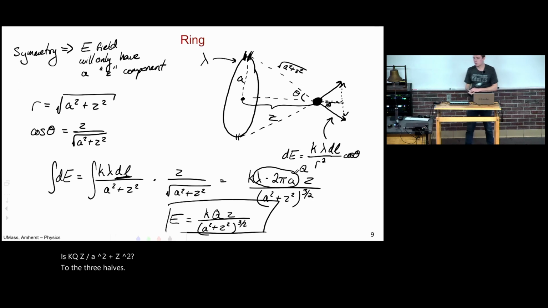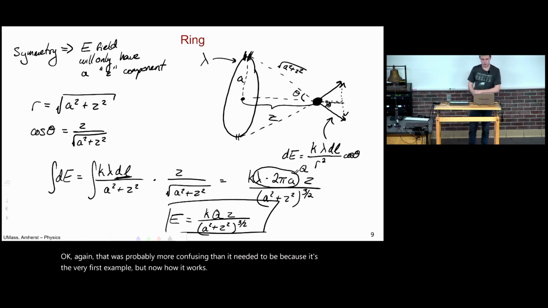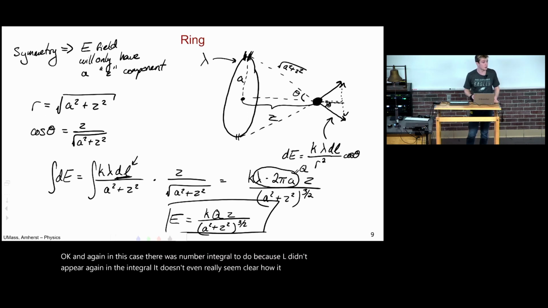Okay, again, that was probably more confusing than it needed to be because it's the very first example, but now you know how it works. And again, in this case, there was no integral to do because L didn't appear again in the integral. It doesn't even really seem clear how it could, but next example it will.